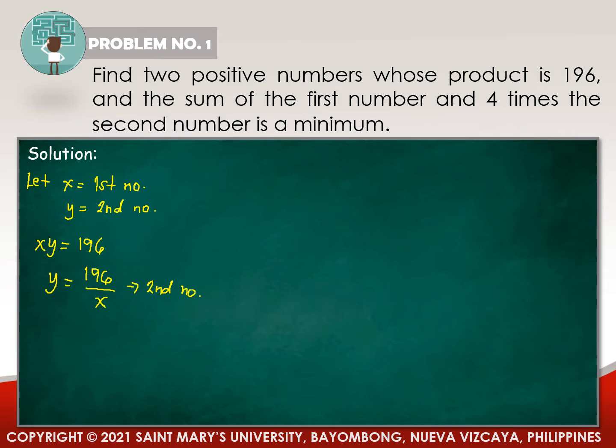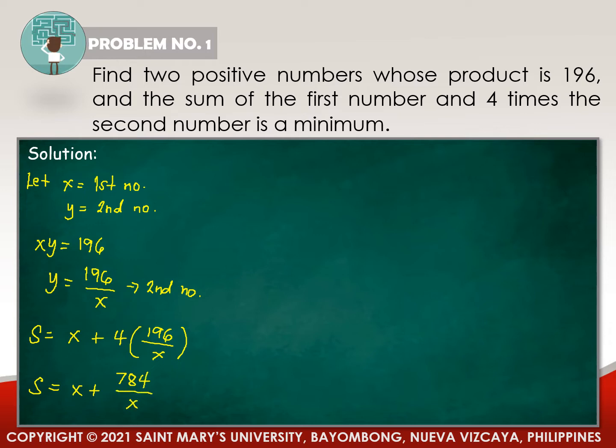So, sabi dun sa problem, the sum of the first number, which is x, and 4 times the second number. Ang second number natin is yung 196 all over x. So, simplify lang natin. So, we have s equals x plus 4 times 196, which is 784 over x.